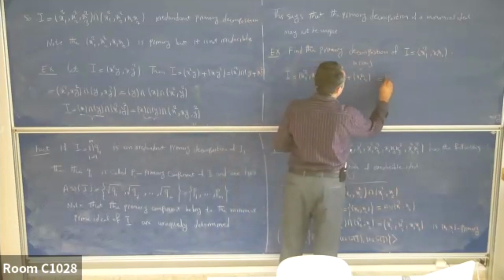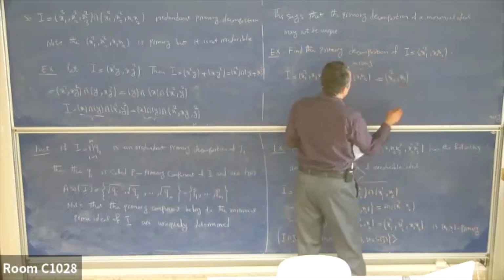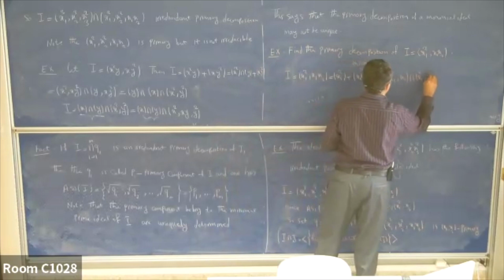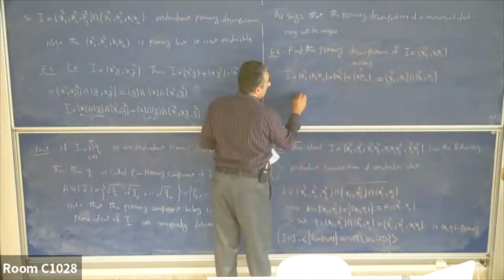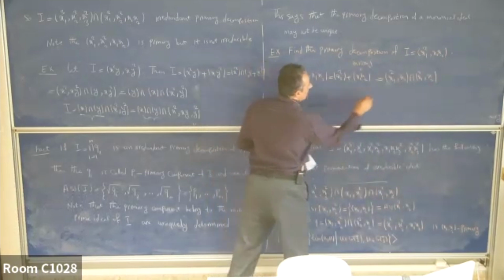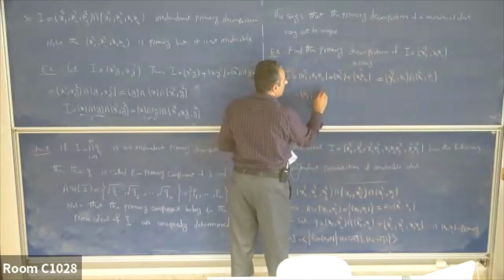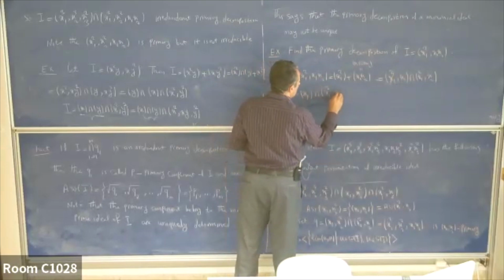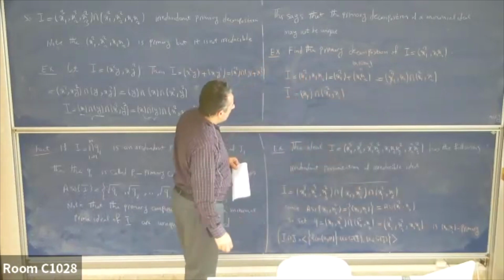So we have (x₁) intersection (x₁², x₂), and this one is cancelled because it belongs to (x₁). This is one primary decomposition.